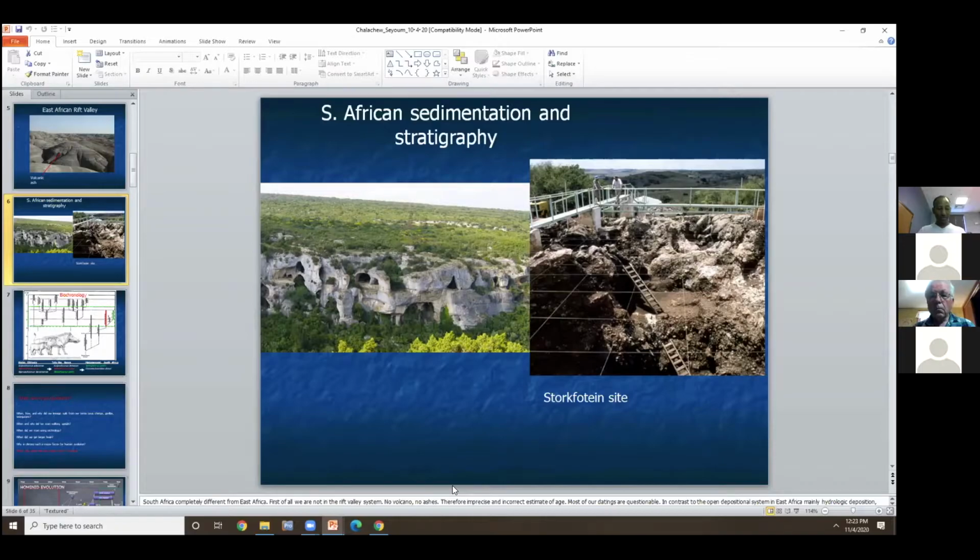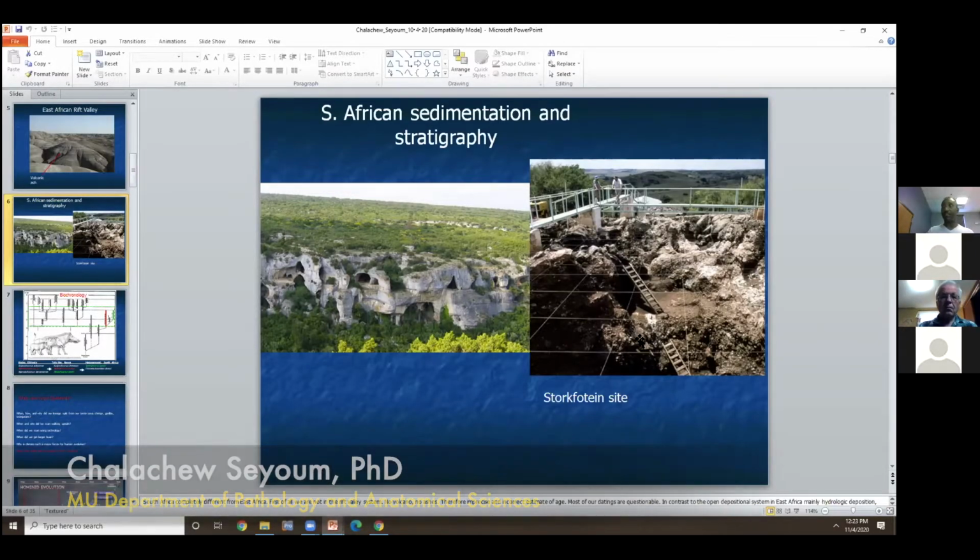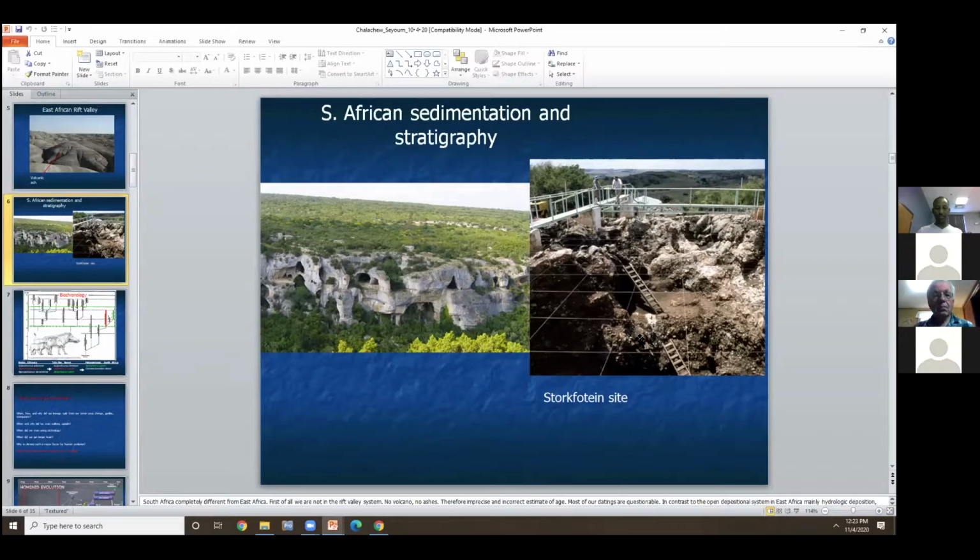This is one of the caverns, as you can see here, in Sterkfontein, and it's the most productive site in South Africa. This cavern accumulated sediments along with carcasses over millions of years and provided a lot of fossils.